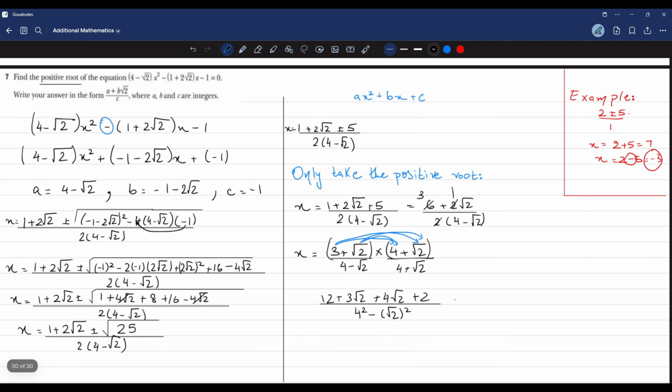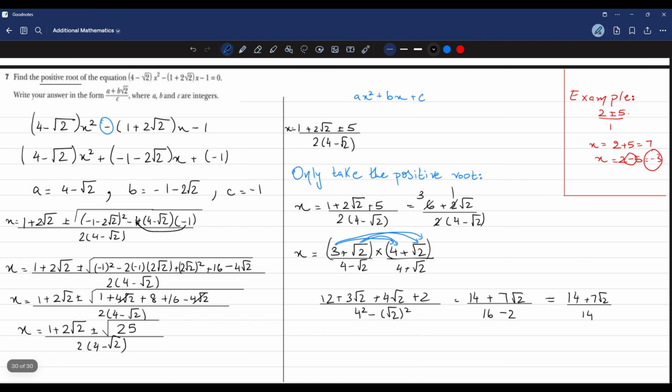If I were to simplify this, I would get 12 plus 2 is 14, plus what is 4 plus 3? That's equal to 7 under root 2, divided by what is 4 squared minus 2 squared. So 4 4s is 16 minus 2 is equal to 14 here. So we are going to get 14 plus 7 under root 2 divided by 14.